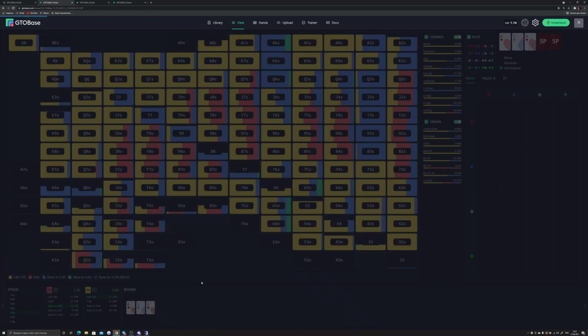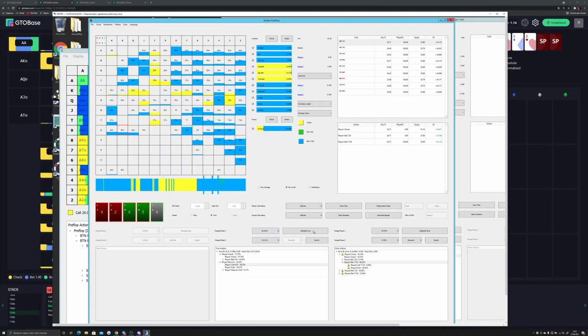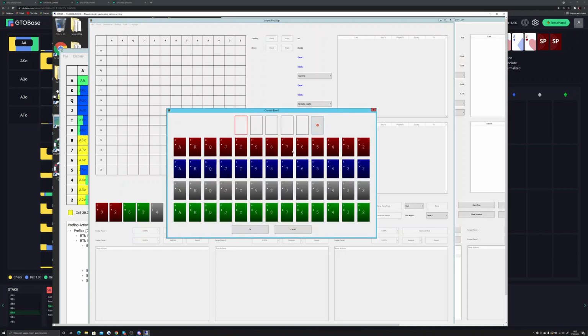And again, if you want to know how to counter a player who uses 100% bet on this board, we just copy ranges and we go to a simple postflop. First we go through the settings, 4 BB in the pot, 11 BBs left in stacks.